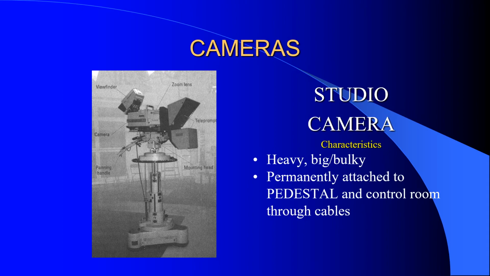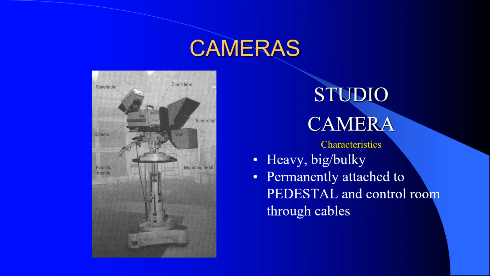This first type of camera we talked about in lab, the studio cameras. Studio cameras are big, they're bulky, they're very expensive. They're used by large networks in controlled environments like studios. You do see them sometimes at sporting events. Again, big networks have money.